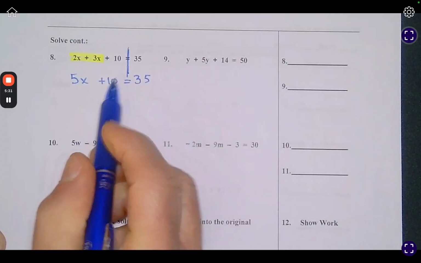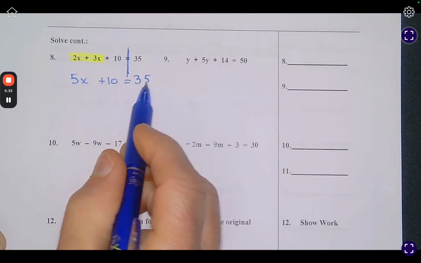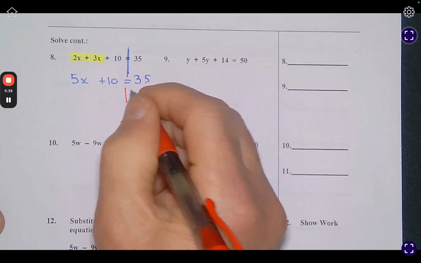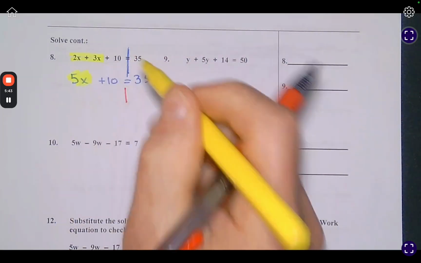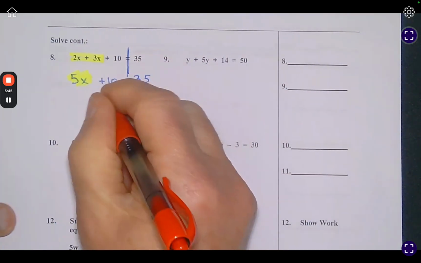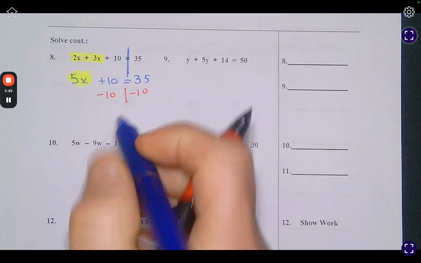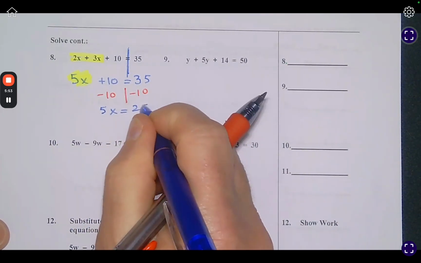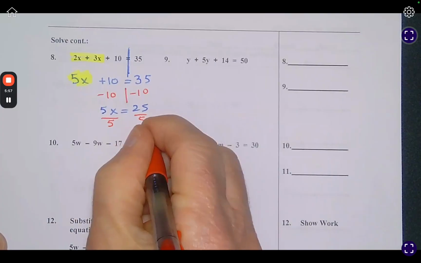Can I do anything else to this side? No. Can I do anything to this side? No. So now I'm going to go right into my inverse operations. Remember your goal. This is like two-step equations right here. Get the variable by itself. Rewrite it. Divide by that 5. And x equals 5.